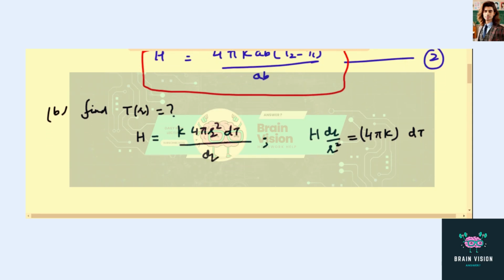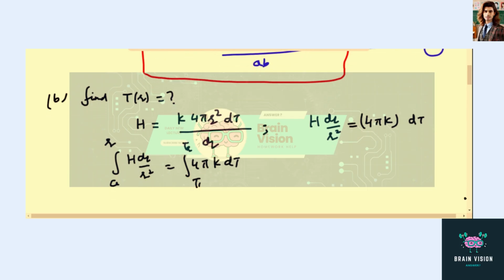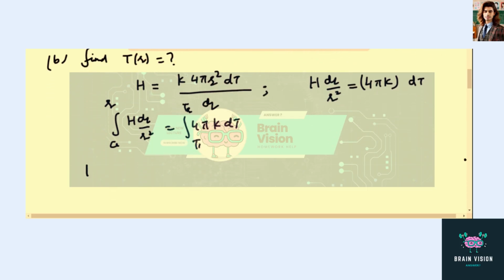Now integrate, initial temperature T1 to Tr and A to r, and substitute the limit.